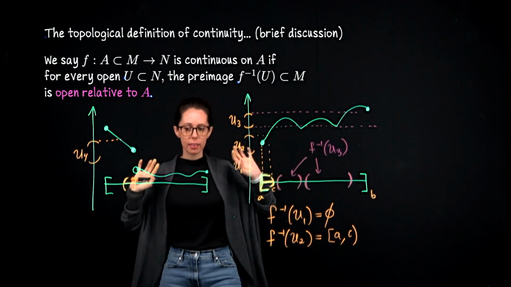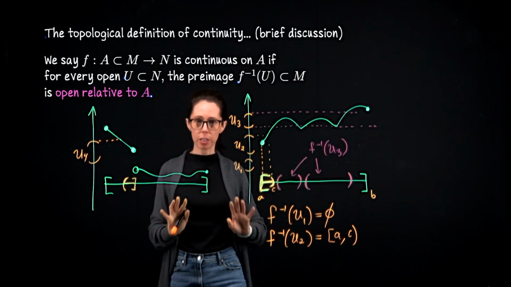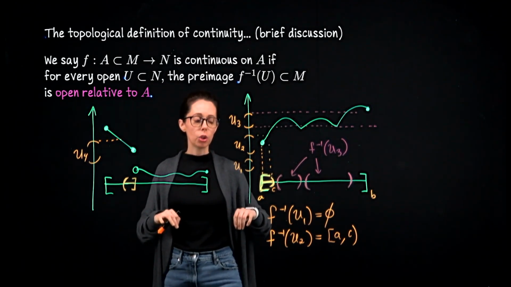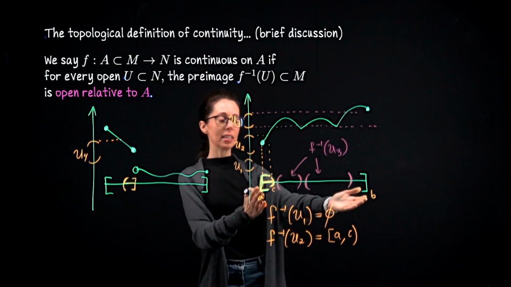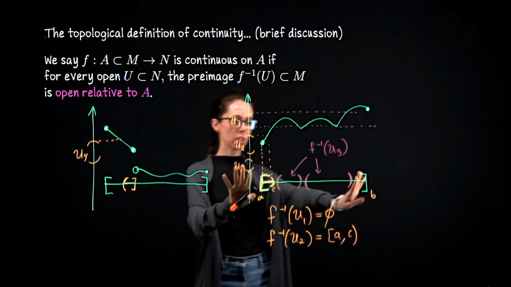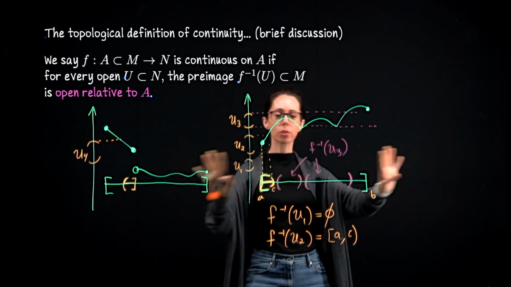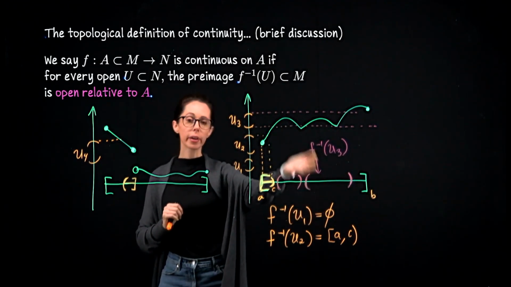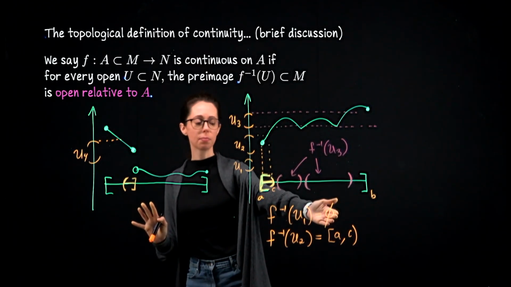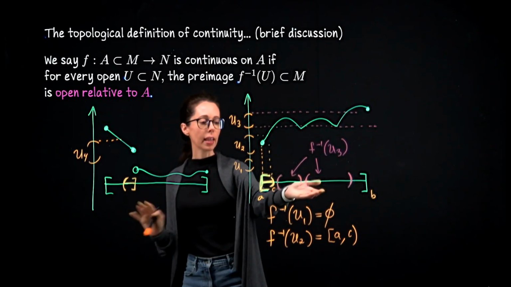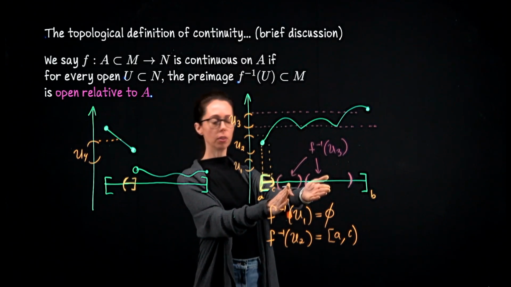If the domain is the entire metric space, then you would ask, is the preimage of an open set open? If this is the entire metric space and I don't acknowledge the existence of any numbers to the left or right of this interval, are these preimages open? Well, this one, yes, because it is just an open set. Likewise, this union of two open intervals is also open.